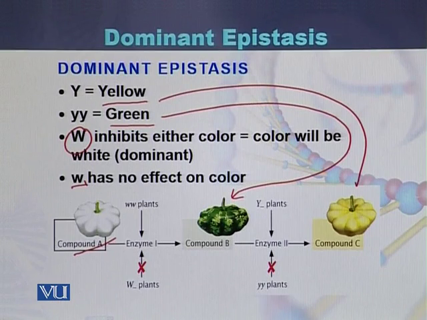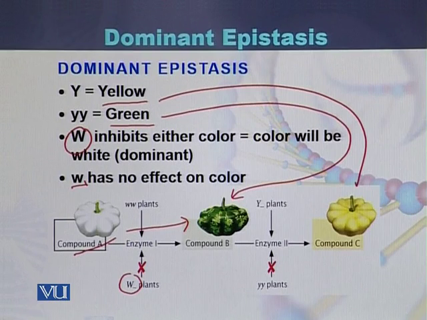If another gene is not in dominant form, then this color can be converted into green. While if this gene is in the dominant form, then this white color will not be converted into green.